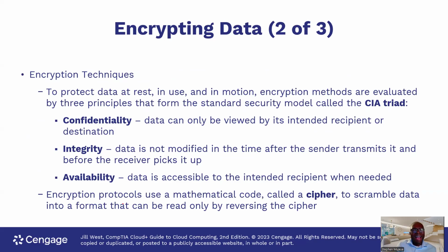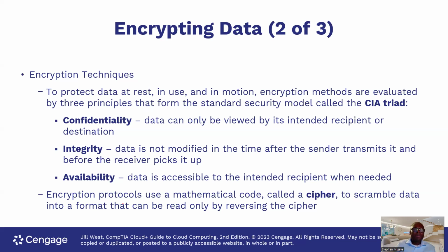There is the CIA triad, which deals with confidentiality. Data can only be viewed by its intended recipients. So confidentiality should be ensured. Only those who are intended to view the data should be viewing it, and no one else.